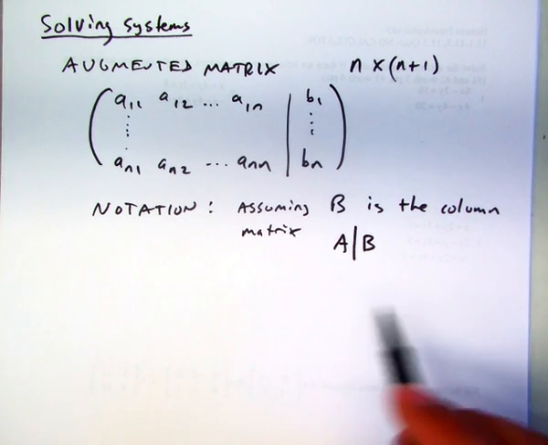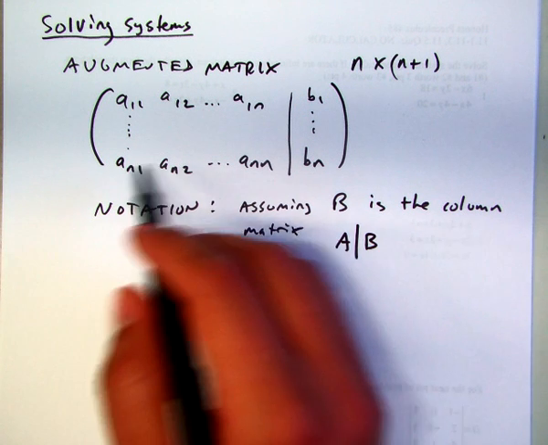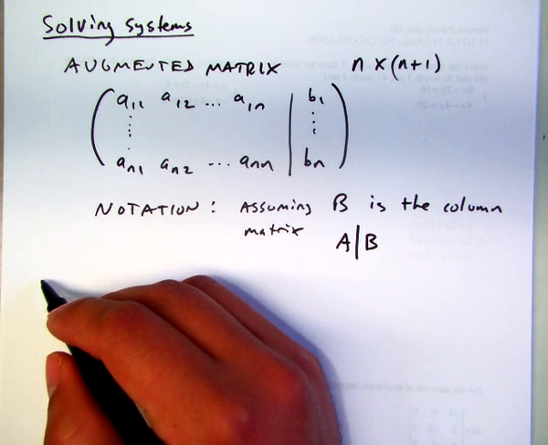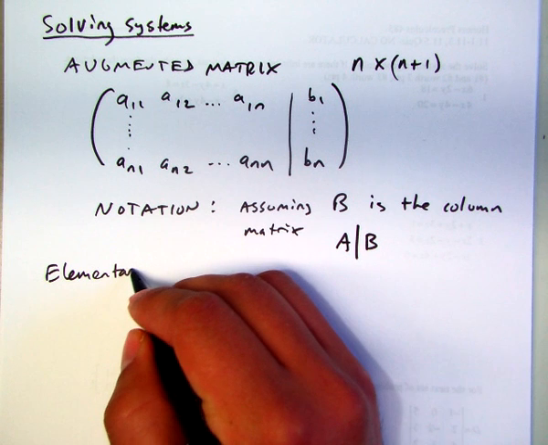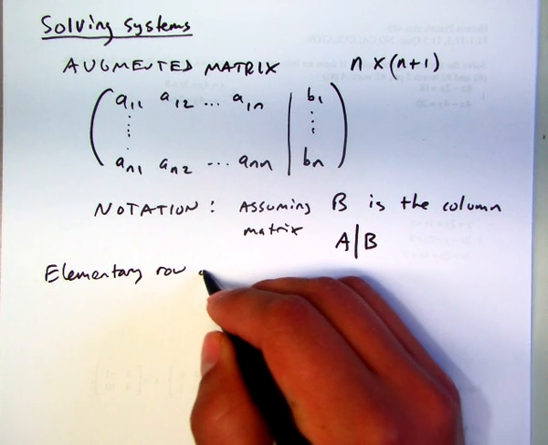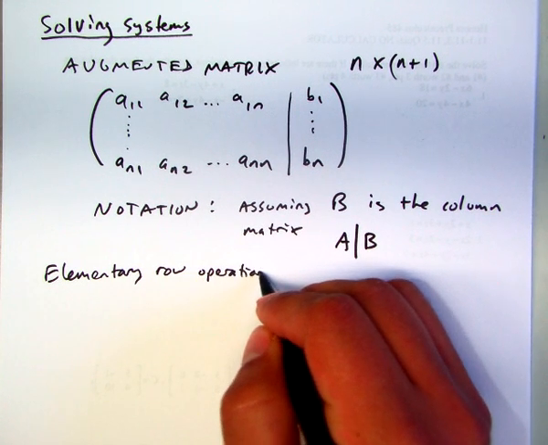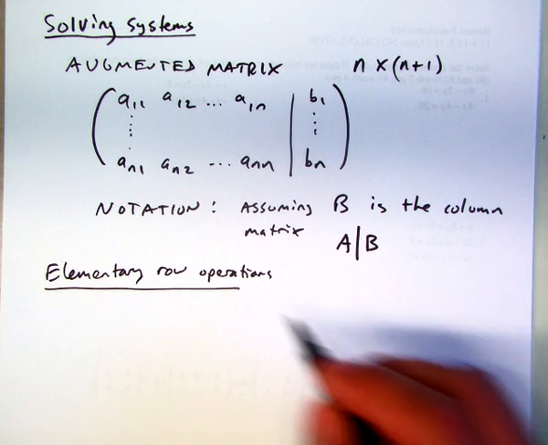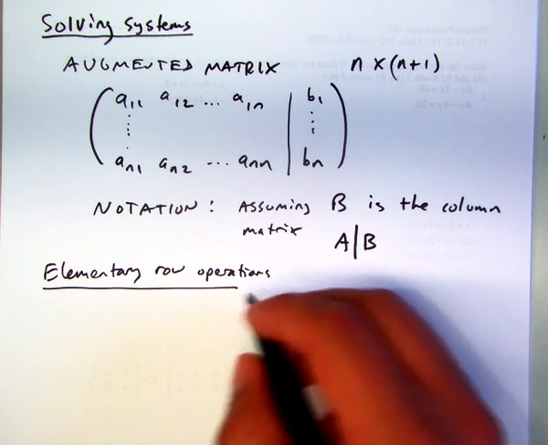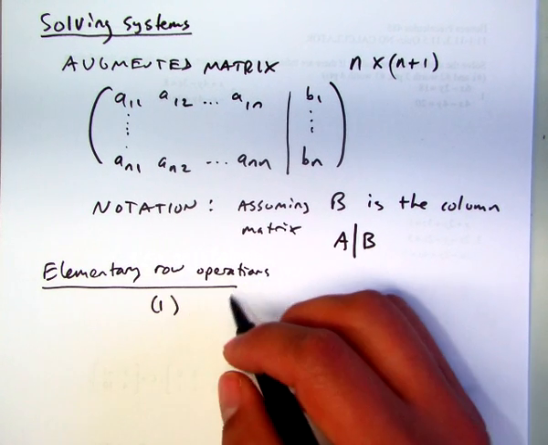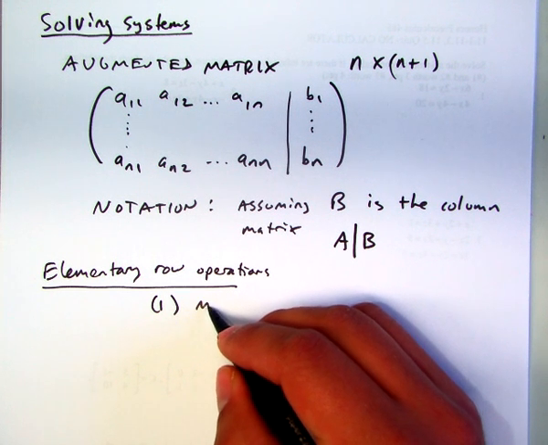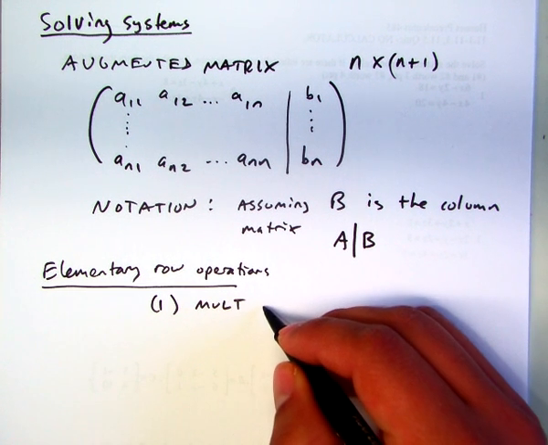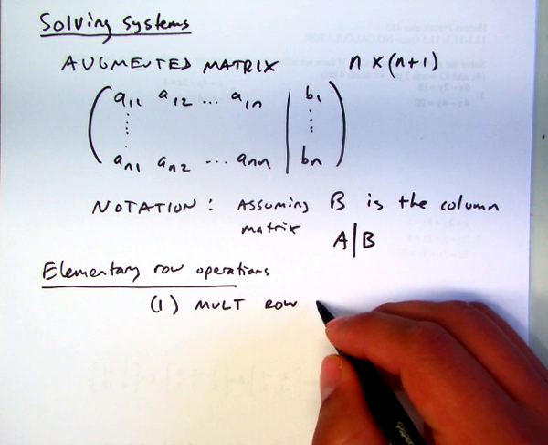So this is what we're going to start with, and then what we're going to do is use elementary row operations, which consist of a few things. You are allowed to multiply any row by a non-zero constant.